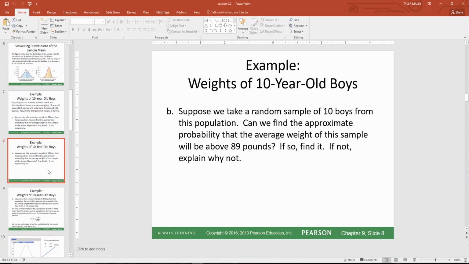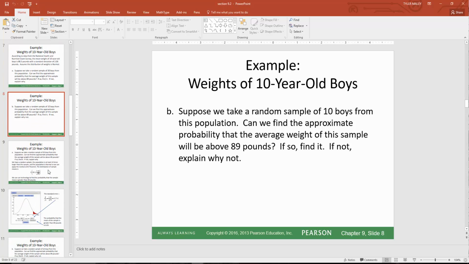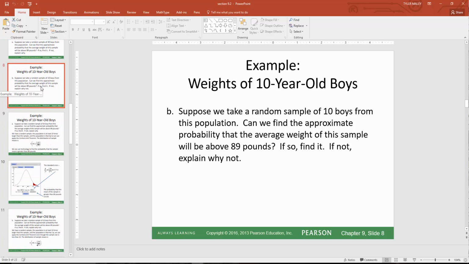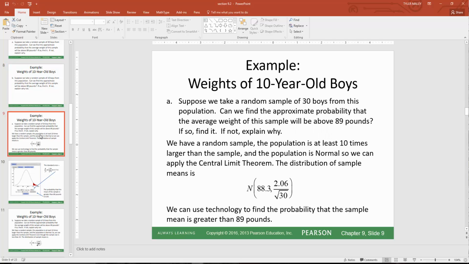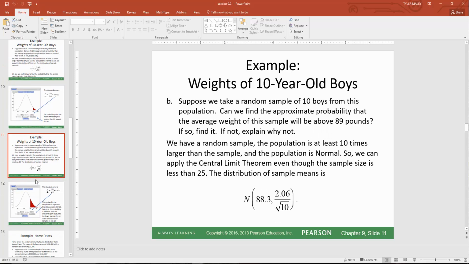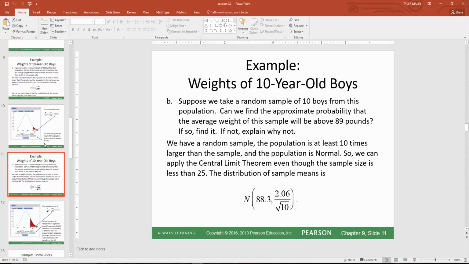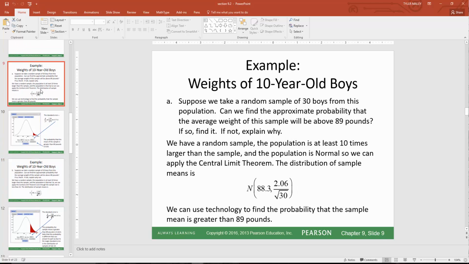So the sample size was 30 boys, so we can definitely assume that we have at least 300 boys that are 10 years old.